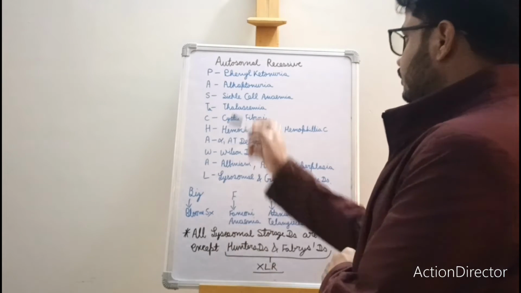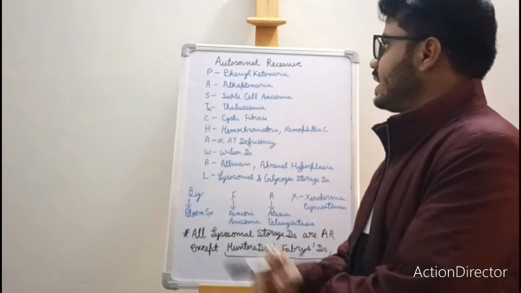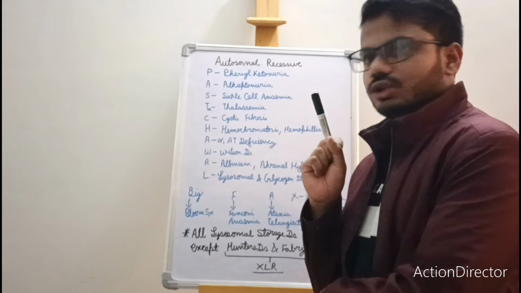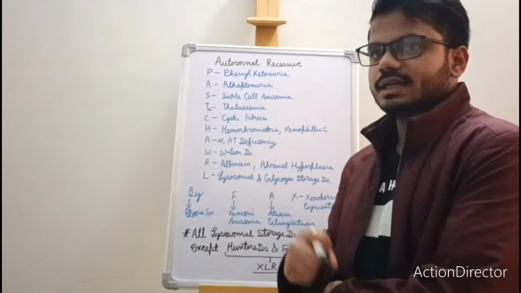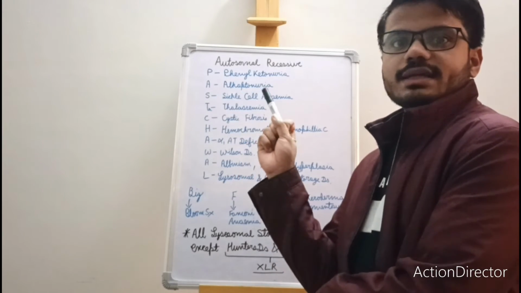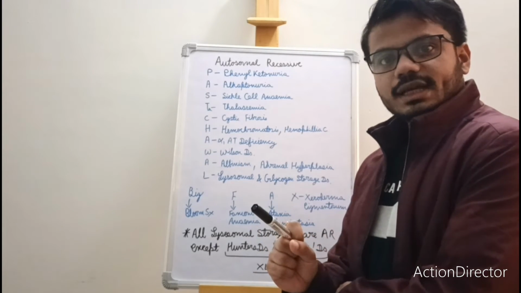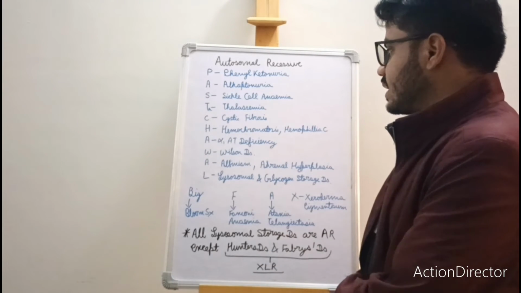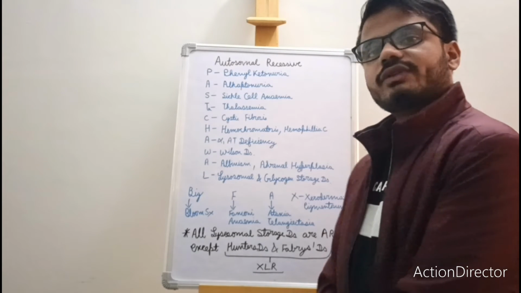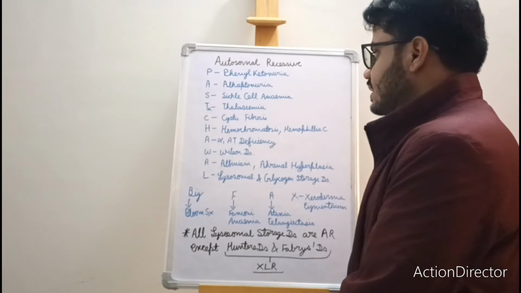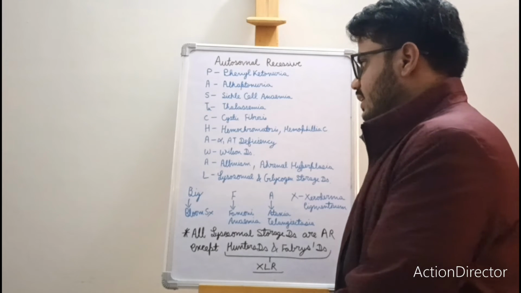So P stands for phenylketonuria, A stands for alkaptonuria, S stands for sickle cell anemia, TA, pasta, stands for thalassemia, C stands for cystic fibrosis. H stands for two things, hemochromatosis and hemophilia C. A stands for alpha 1 antitrypsin deficiency.